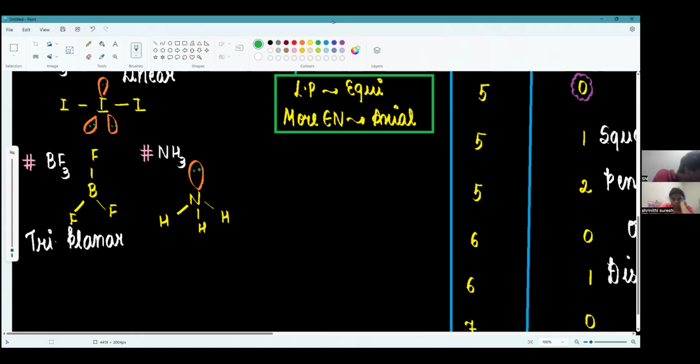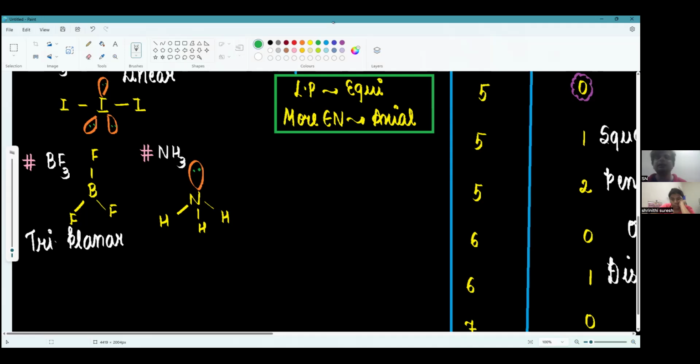So I will just show you trigonal pyramidal over here. This one, where is the tetrahedral shape one? Here it is. So how many lone pairs are there here, madam?